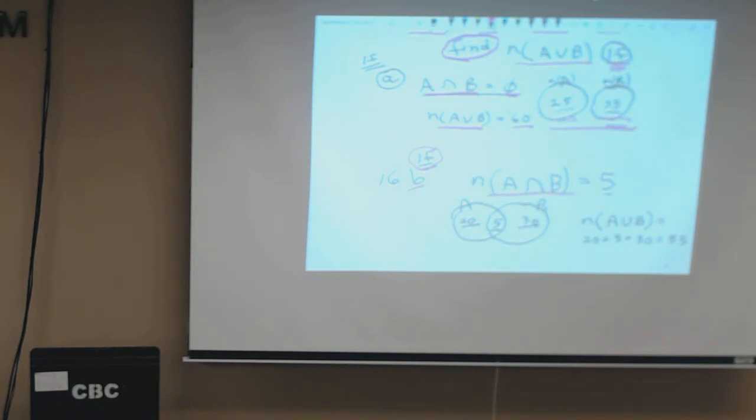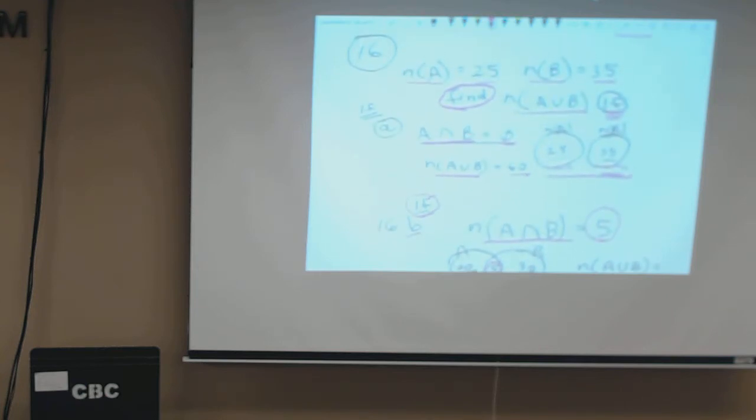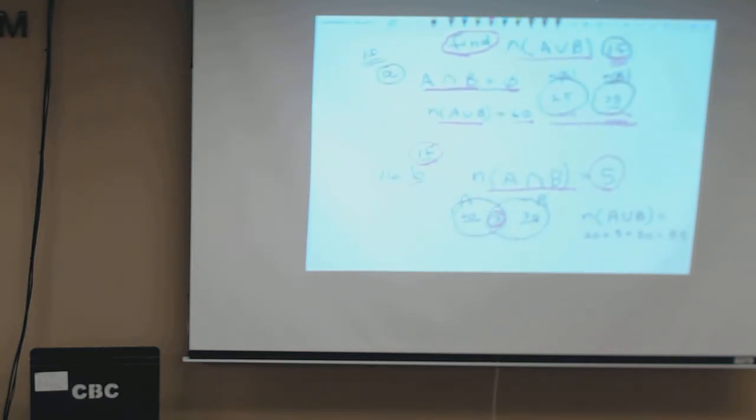If the number of elements in the intersection is 5, well, now I draw a picture that says, okay, if the number of elements in the intersection is 5, then I put 5 elements where they intersect, right? Now, how many elements were in A? 25.